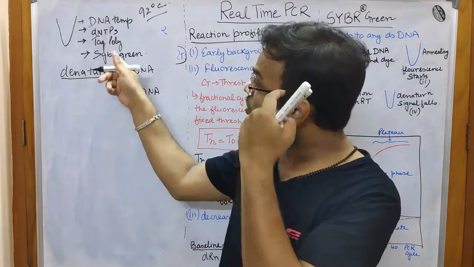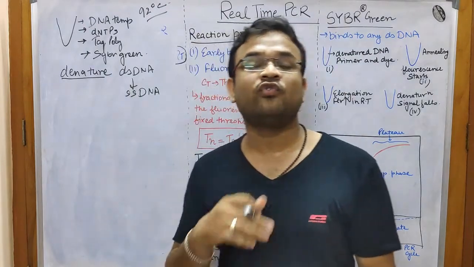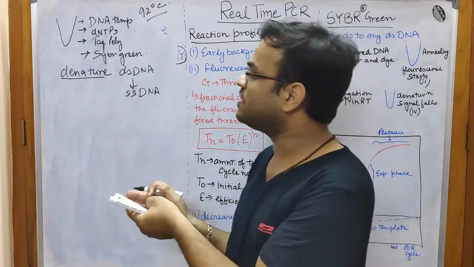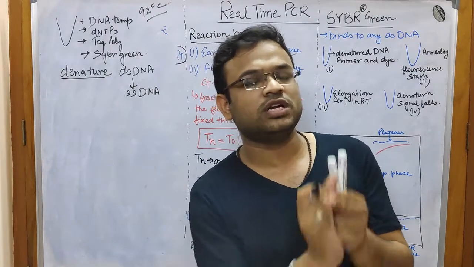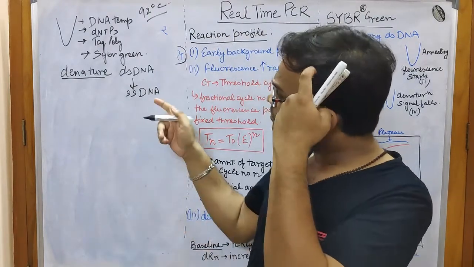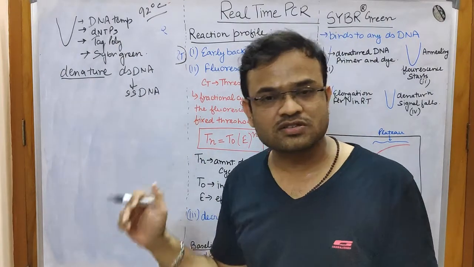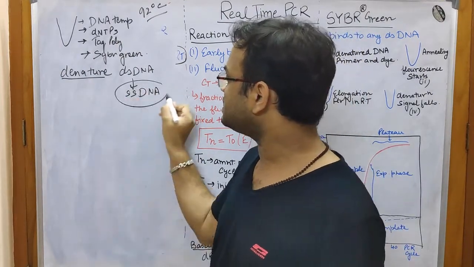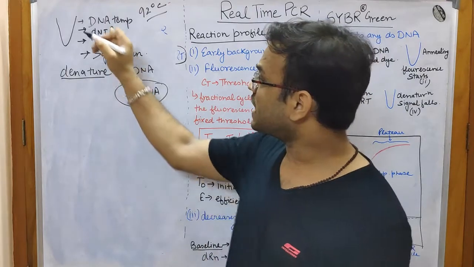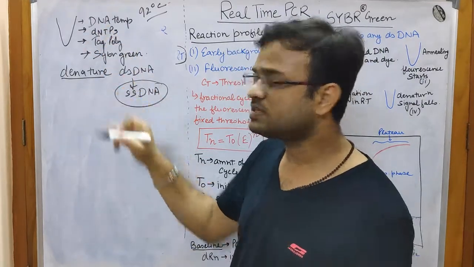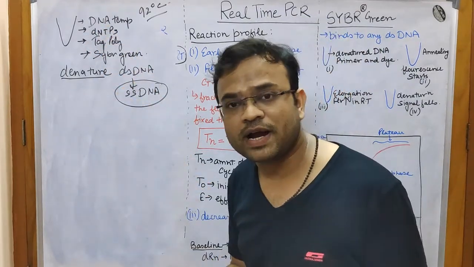Now I have already told you that this SYBR Green won't bind to single-stranded DNA. It would only bind to double-stranded DNA. In the first case, because the DNA is in single-stranded form, would this SYBR Green bind to it? No, it won't bind.